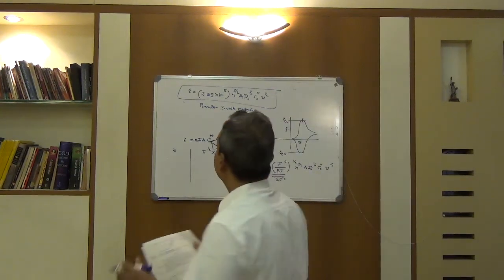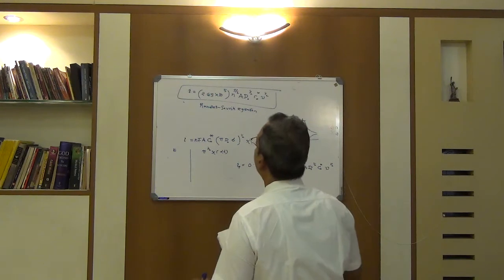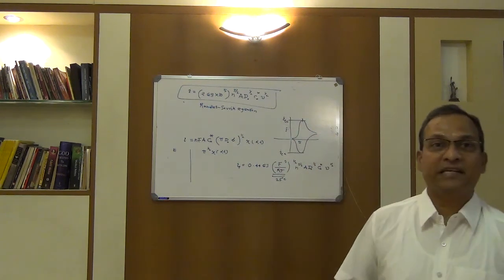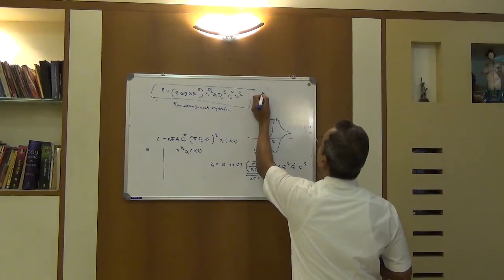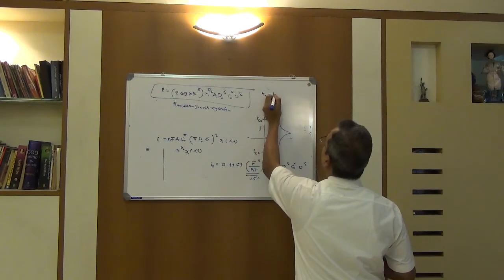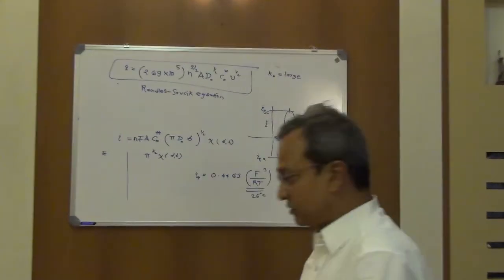This Randles-Sevcik equation is for the reversible electron transfer reaction. That means K0 is large, exchange current density is large, and the standard rate constant is large.